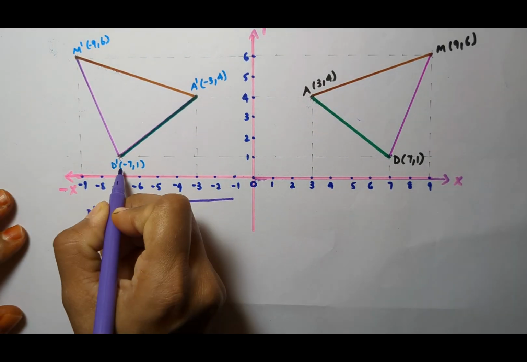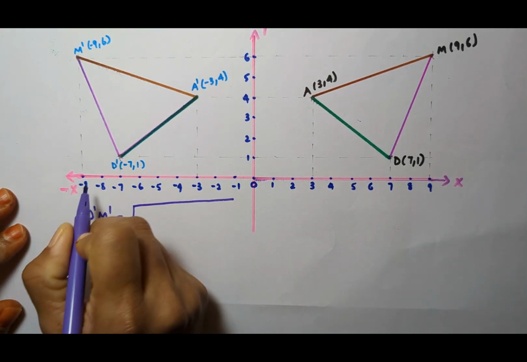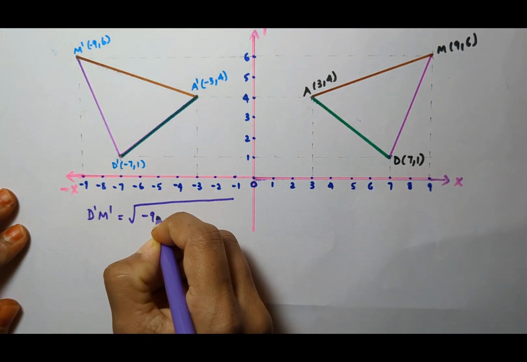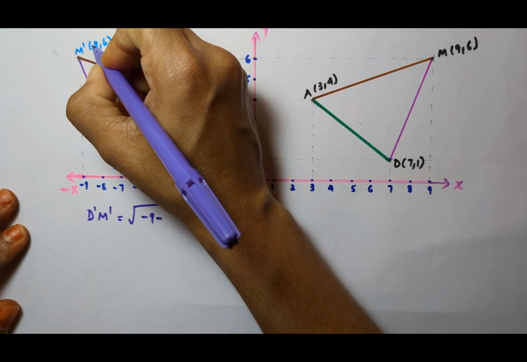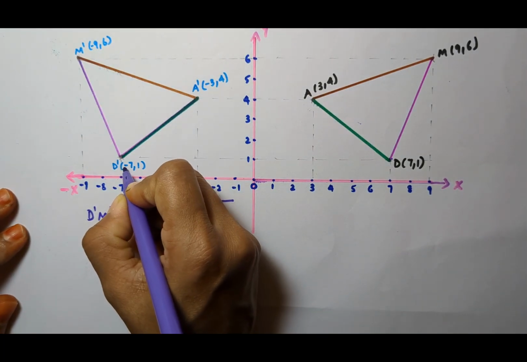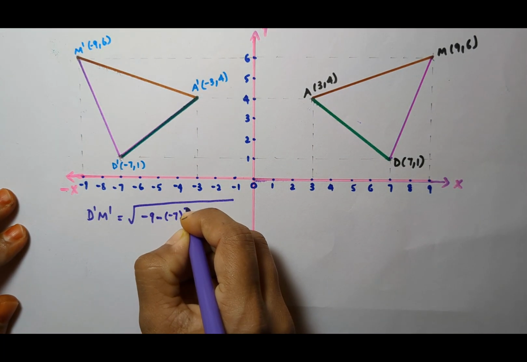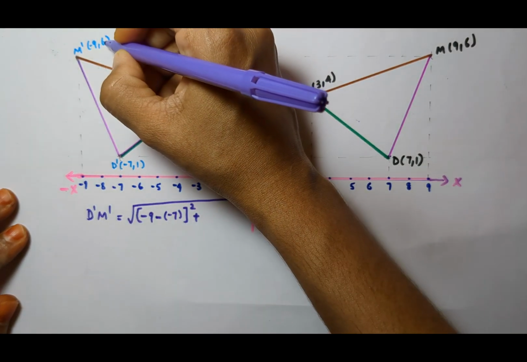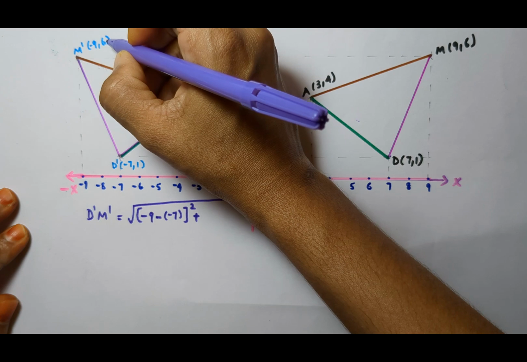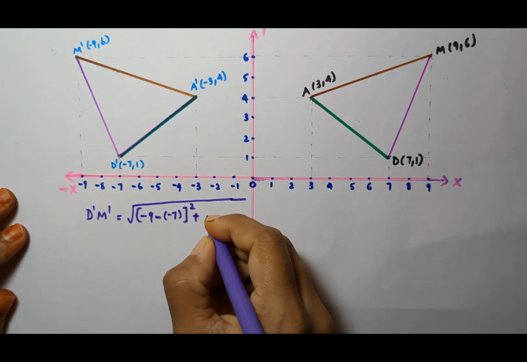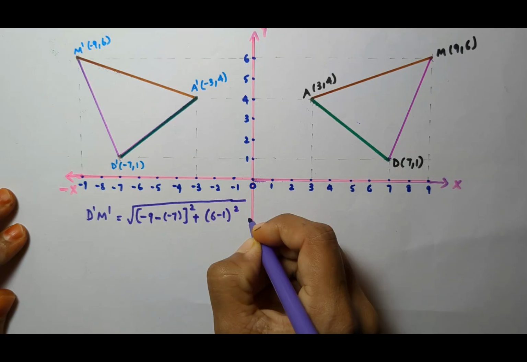So x coordinate of M dash is minus 9, so minus 9 minus x coordinate of D dash, which is minus 7, the whole square, plus y2 minus y1 the whole square. The y coordinate of M dash is 6 and y coordinate of D dash is 1, so 6 minus 1 all square.